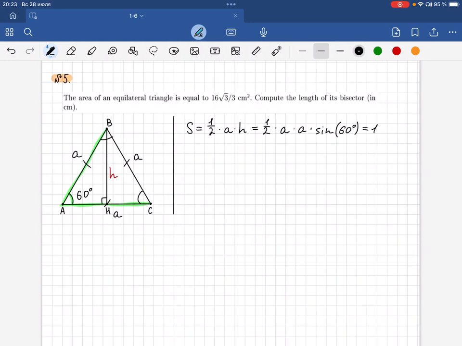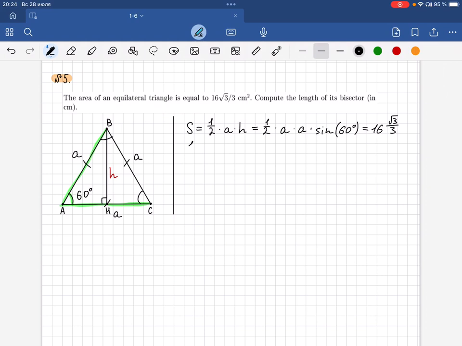And we know that the area equals 16 multiplied by square root of 3 divided by 3. Okay, so from here we can find our A. And if we substitute A, then we can find our H.